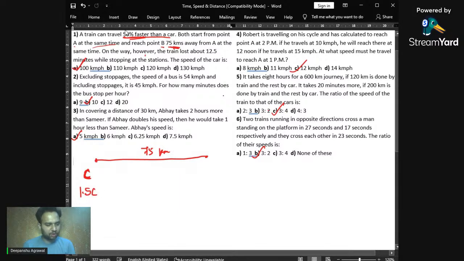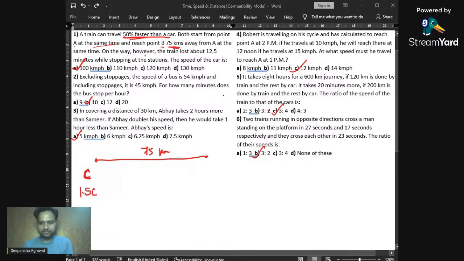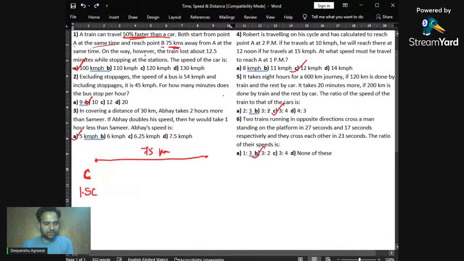I hope you all know the multiplying factor for 50% more is 1.5. Whenever we multiply something with 1.5, it gets increased by 50%. So this is the speed of the car and this is the speed of the train.